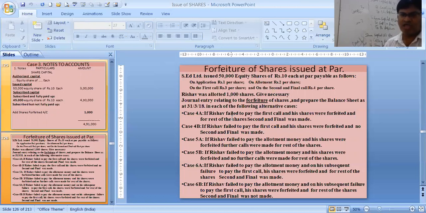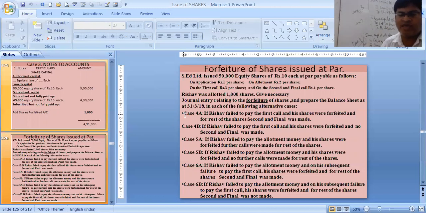Let's see what case 4A is. Rishabh failed to pay the first call and his shares were forfeited. For the rest of the shares, the second and final call was made. Now he has failed to pay the first call only, and his shares were forfeited then and there.